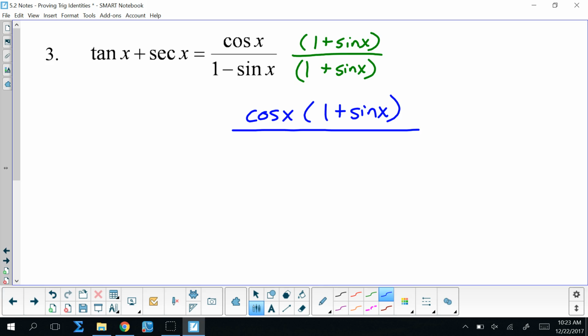What is 1 plus sine times 1 minus sine? 1 minus sine squared of x. What is 1 minus sine squared of x?